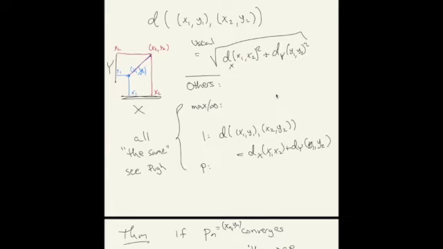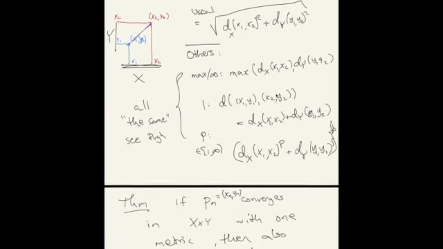Another is the maximum of the two distances. Or generally, if p is between 1 and infinity, you define the distance using pth powers: the pth power of the distance in the x components plus the pth power of the distance in the y components, and then everything to the 1 over p.